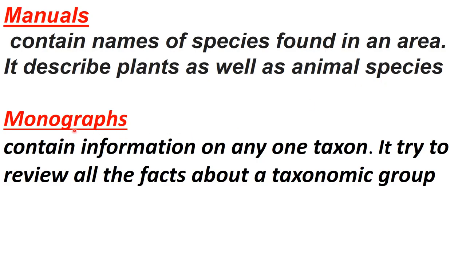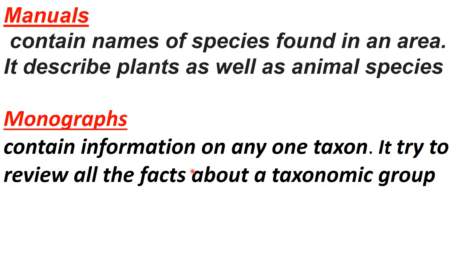Then next taxonomical aid is monographs, and monographs contain information on any one taxon. Here there will be information on one taxon, or you can say taxonomical category. It tries to review all the facts about a taxonomic group. So all the information, all the facts of a taxonomical group will be reviewed by the monograph.